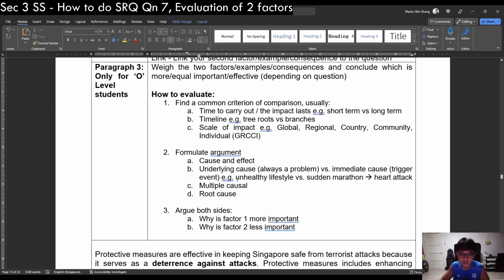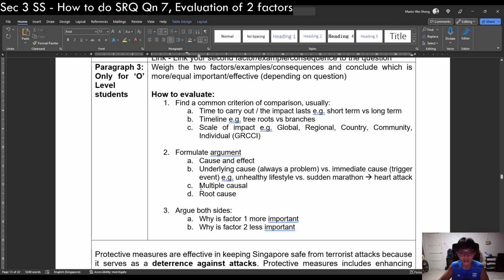Perhaps all along this person has always been living an unhealthy lifestyle. But what triggered the heart attack? He has always been unhealthy, but he decided to suddenly run a marathon. Without any training or proper practice, the person went to run a marathon, and this triggered his heart attack. So there's always an underlying problem and an immediate problem.